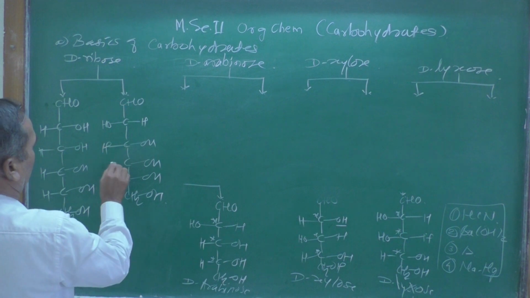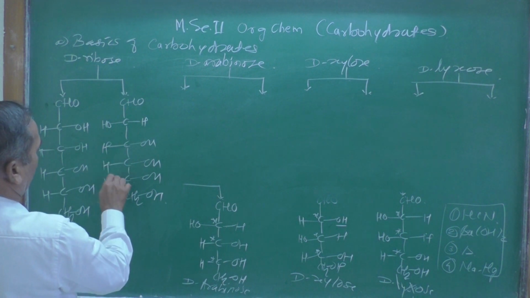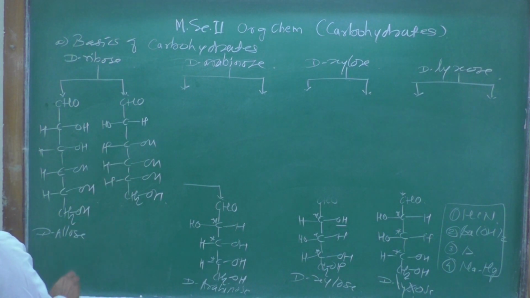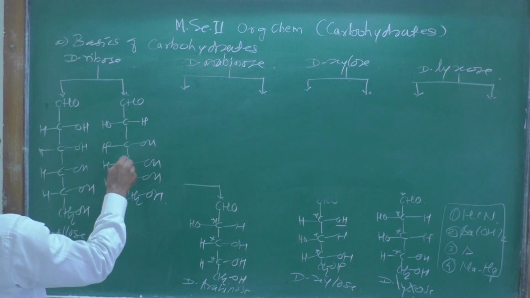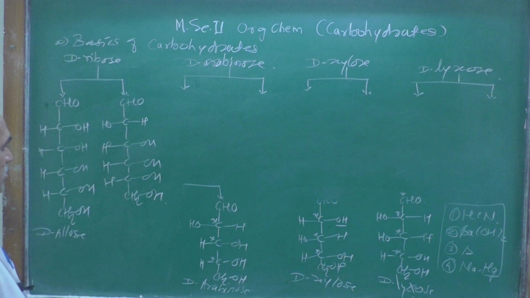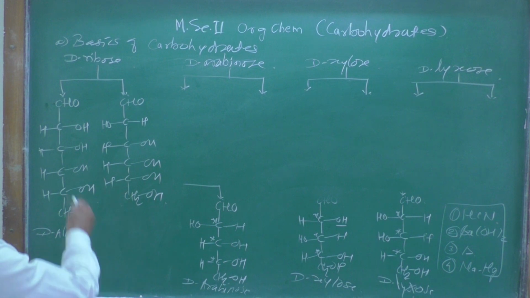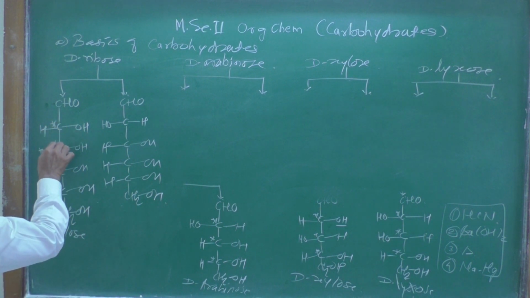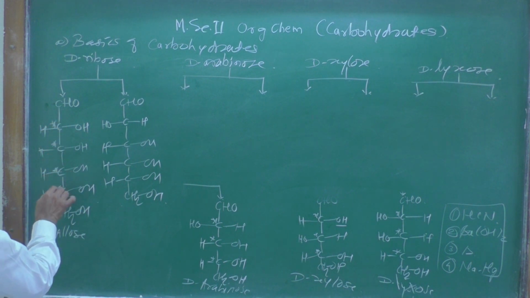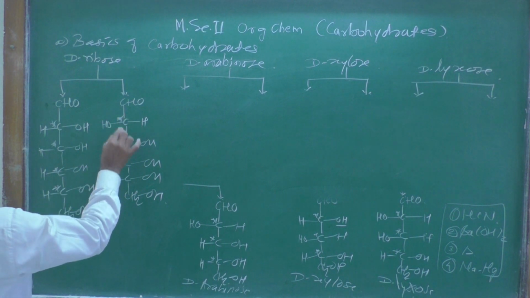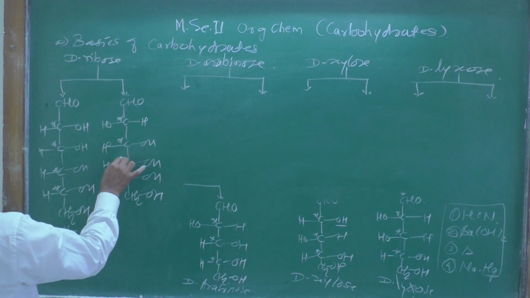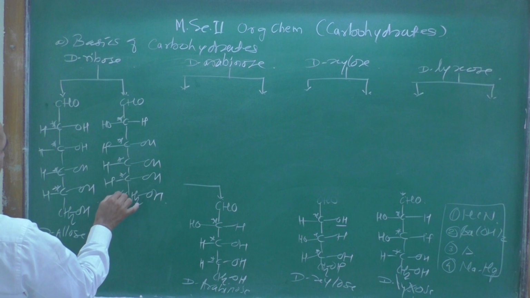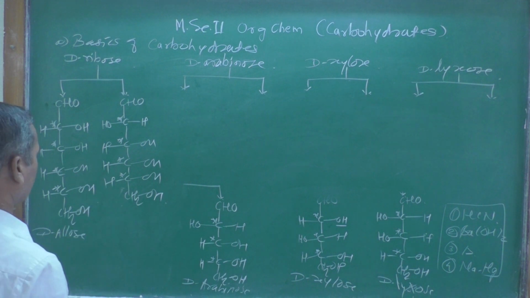Here hydrogen atom, here hydrogen atom, here hydrogen atom. The name of this compound, 1, 2, 3, 4, 5 and 6. 4 chiral carbon atoms are there, 1, 2, 3, 4 chiral centers.